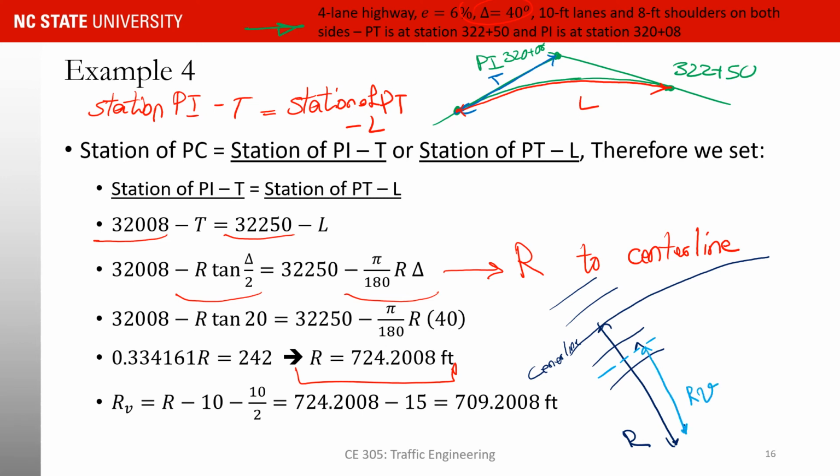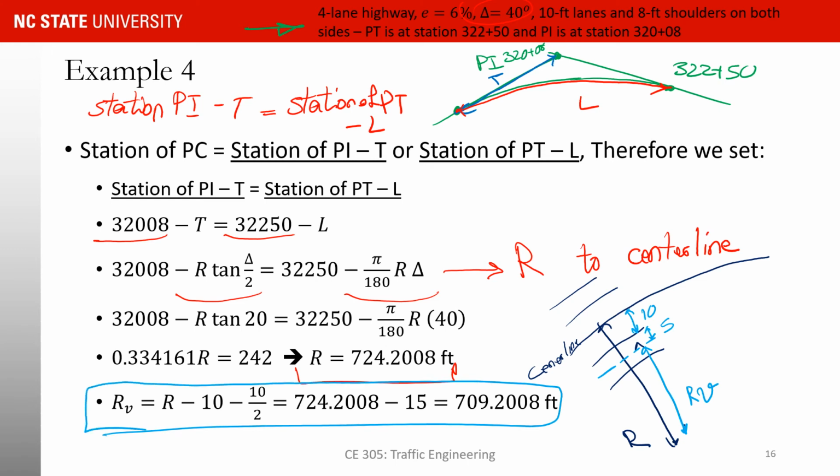So RV here is going to be equal to R minus this width minus half of this width. This width is 10. This one is going to be 5. And that's what I have done here. So my R sub V would be 709.2008 feet. So we could successfully find R and R sub V.